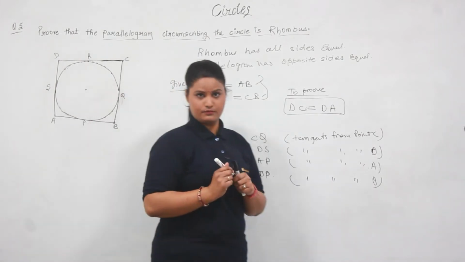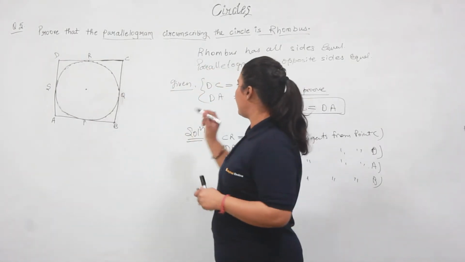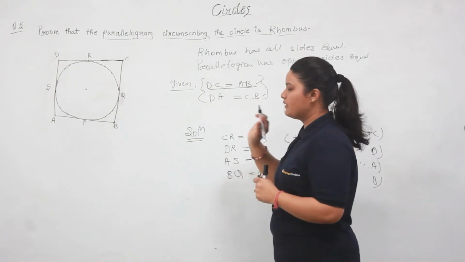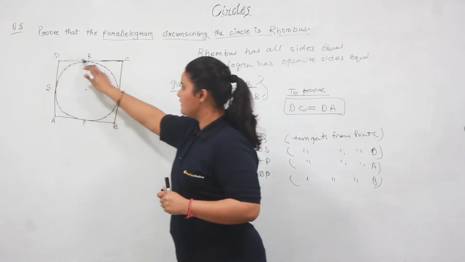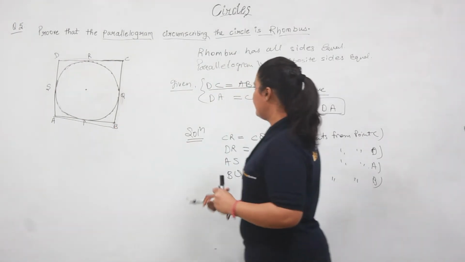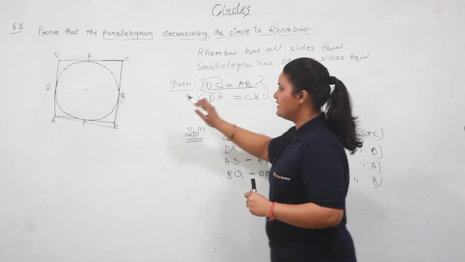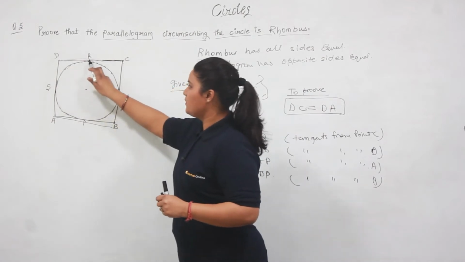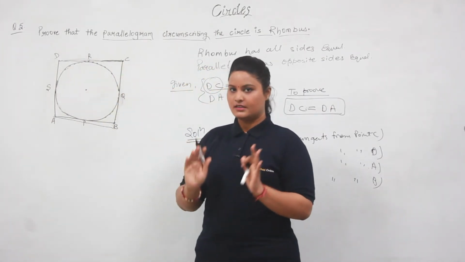Now we already know that DC is equal to AB, correct? And DC is what? DC is DR plus RC, right?